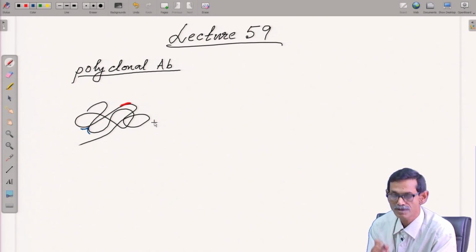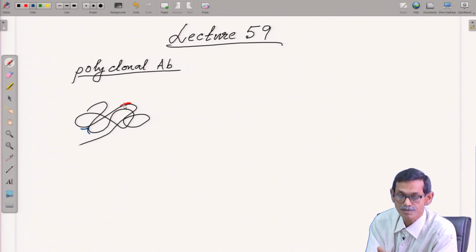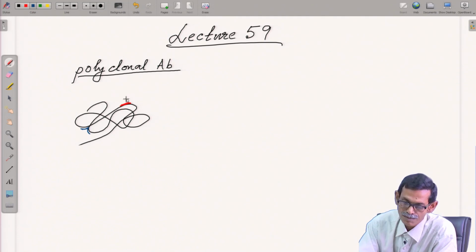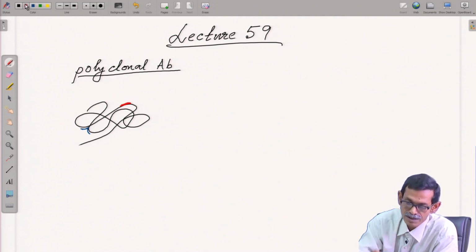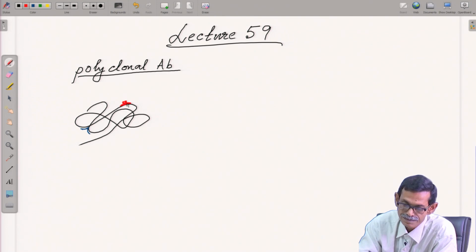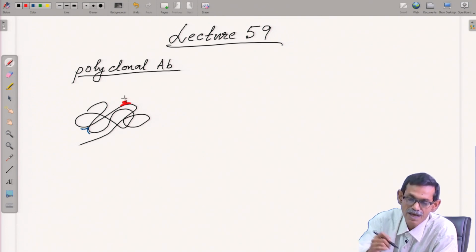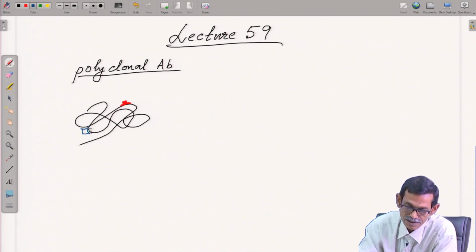The B cell receptor will recognize this epitope. I am talking about B cell epitopes, so red and blue are the B cell epitopes. Suppose this epitope looks like this, and the blue epitope looks like this.